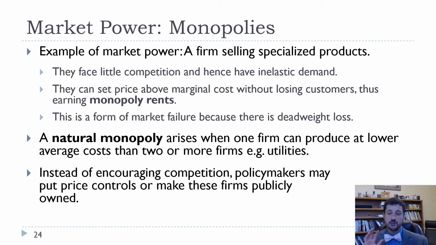So obviously on the extreme is a monopoly. And so a monopoly basically is a firm that is the only firm in its market. And so it faces little to no competition, therefore has very inelastic demand, and can price significantly above marginal cost, which results in monopoly rents. And this is definitely a form of market failure because it results in a large deadweight loss, right?